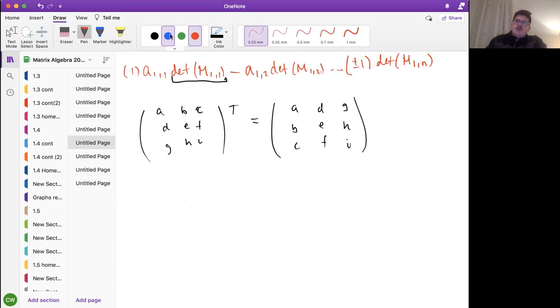Okay, so let's think about how these minors behave when you transpose. So what is M11 for the first matrix without transposing? E, F, H, I. And then what about the transpose? What's M11 in the transpose?